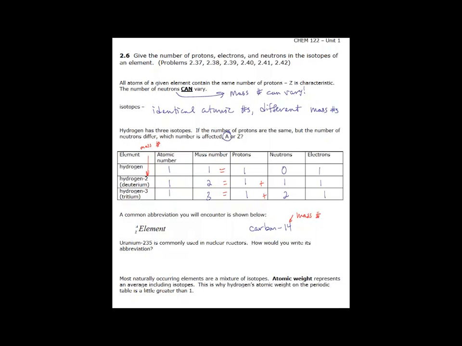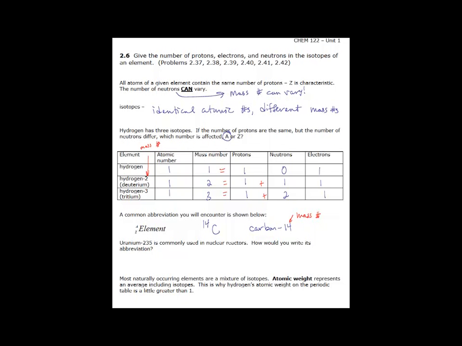Another abbreviation you'll come across is where you have the element symbol. So I'll do this carbon-14 example. You have the element symbol, which for carbon is C, and then the mass number is written in the upper left. So for this isotope it was 14, and then the atomic number is written below the mass number.